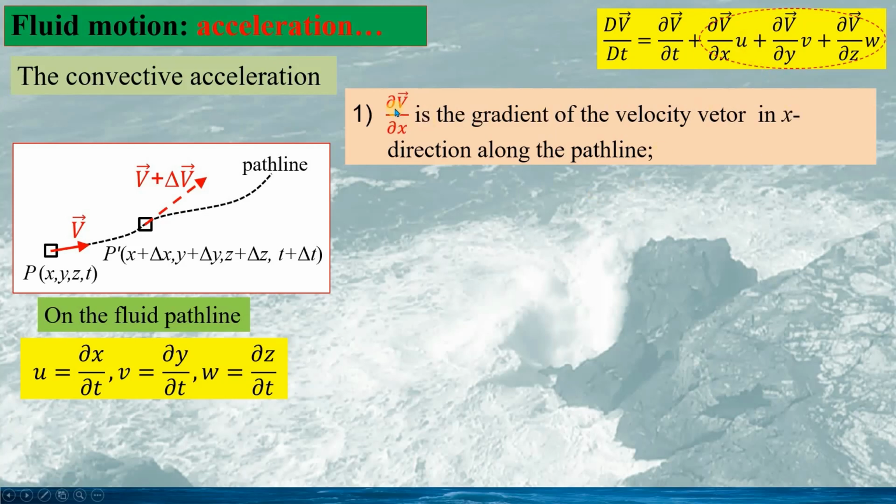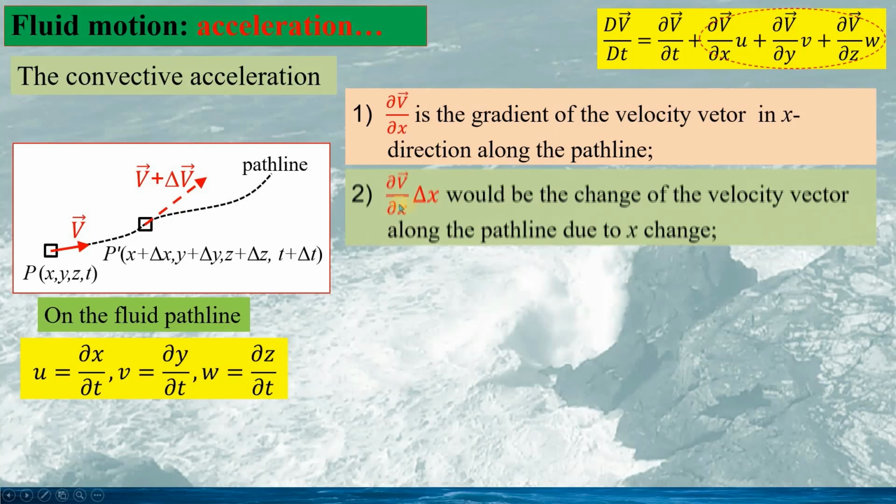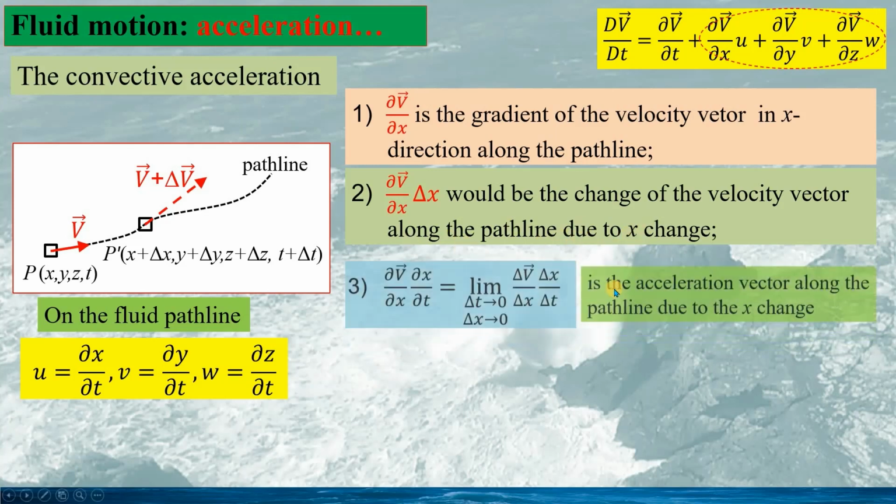The partial differentiation of vector v with regard to x is the gradient of the velocity vector v in the x direction along the path line. Therefore, the partial differentiation of vector v with regard to x times delta x would be the change of the velocity vector along the path line due to the change of x.